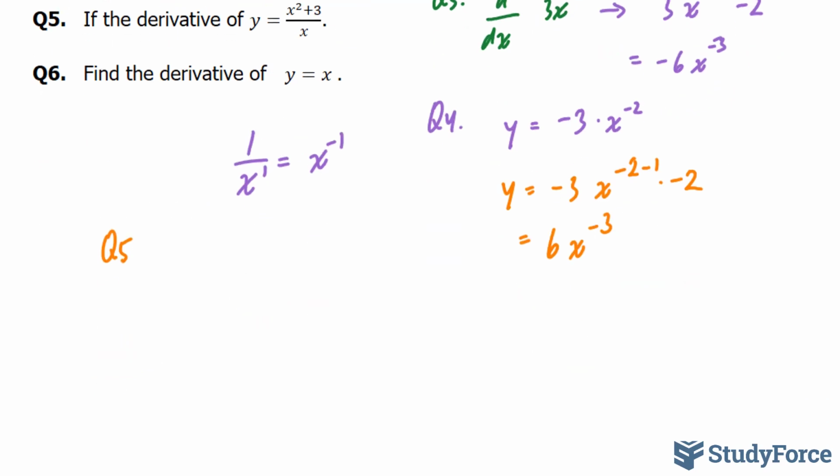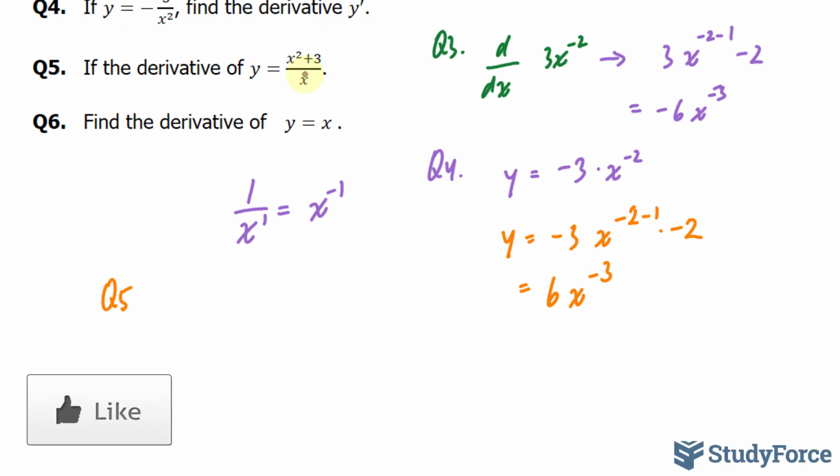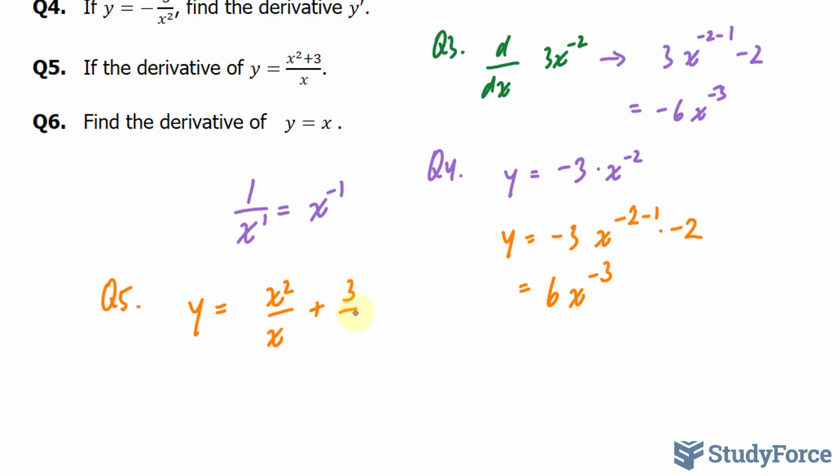In question 5, we're asked to find the derivative, this time, of y is equal to x squared plus 3 over x. Now you have to use your math intuition here. You can rewrite this function like this: x to the power of 2 over x plus 3 over x.